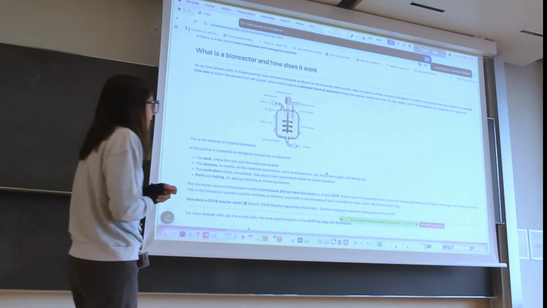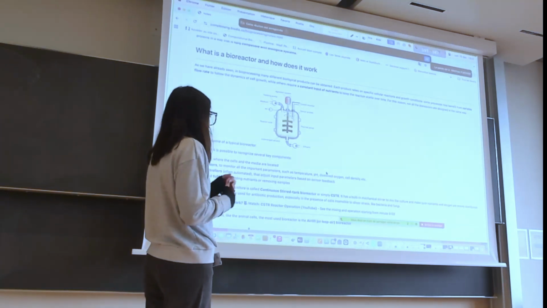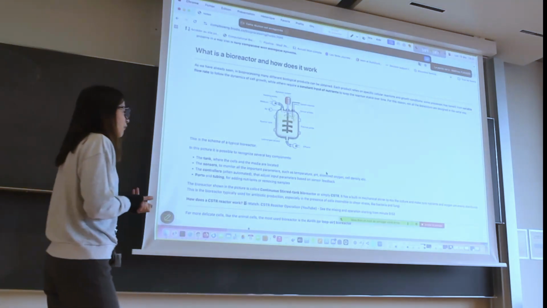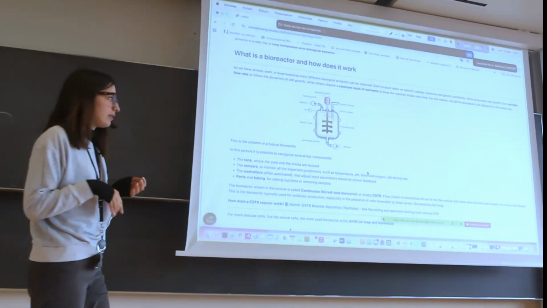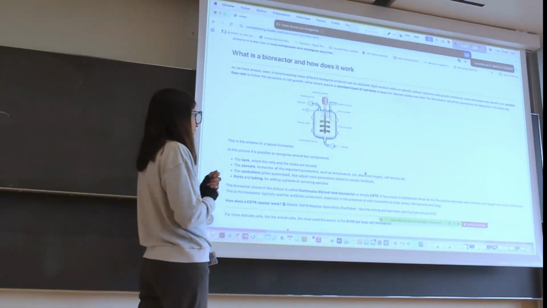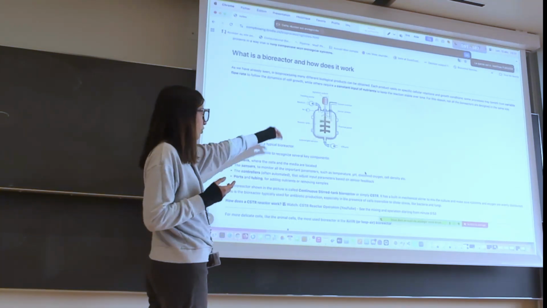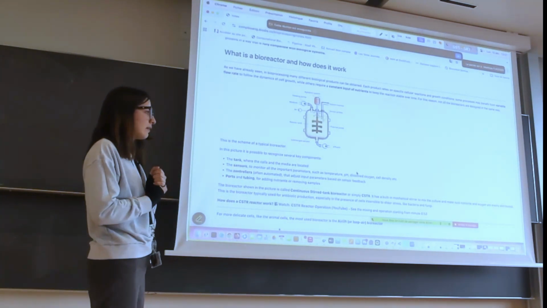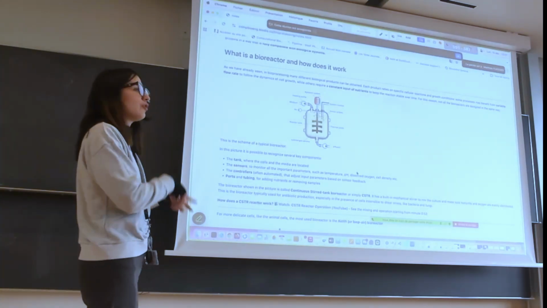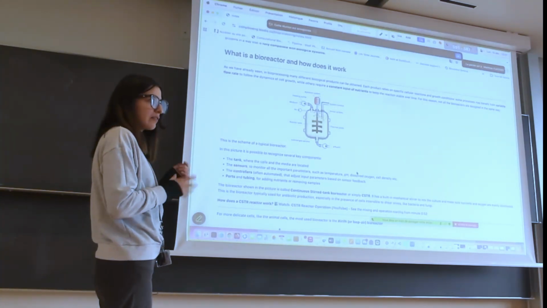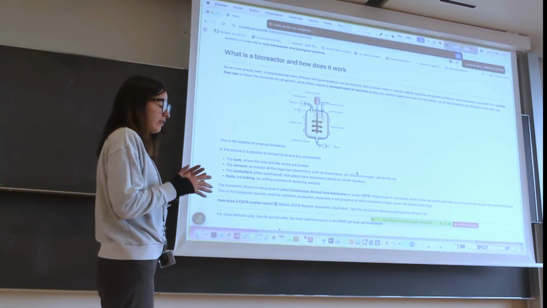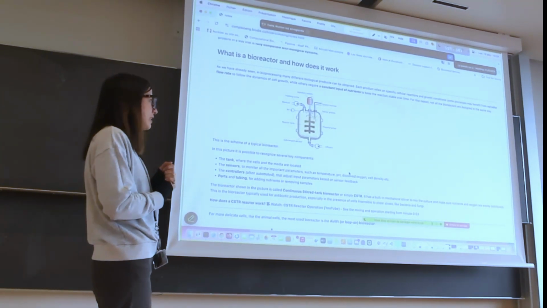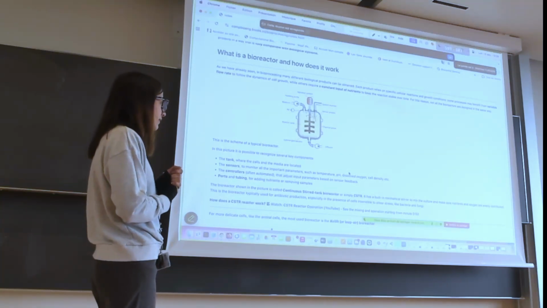And then we also have the sensor and the controller, of course, to check what is going on inside the bioreactor, and to change the feed structure and the feed properties if necessary.